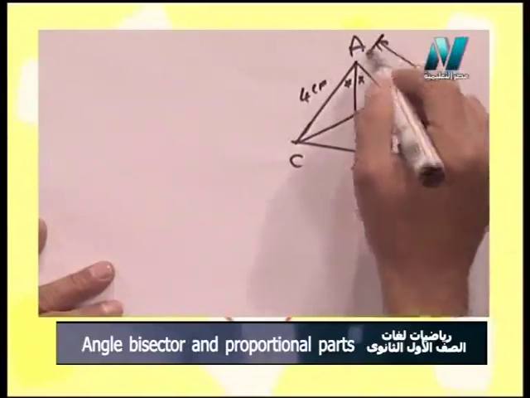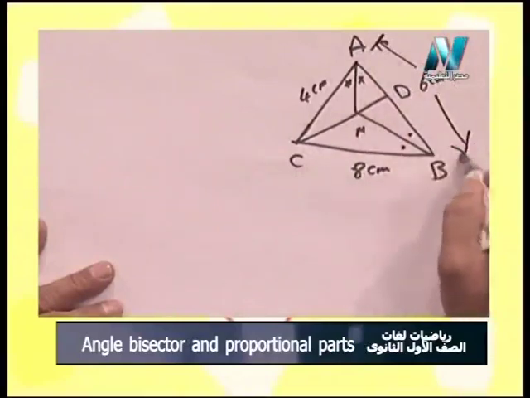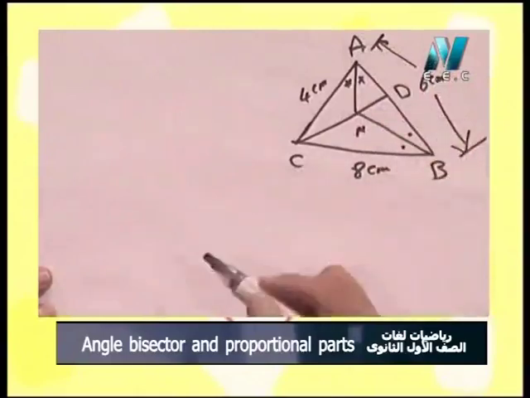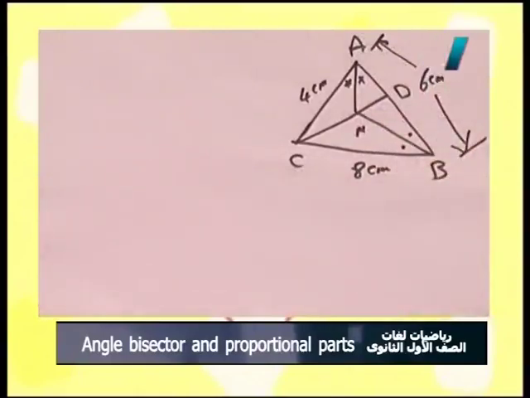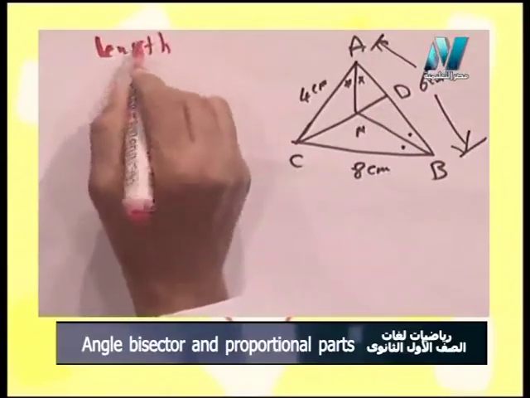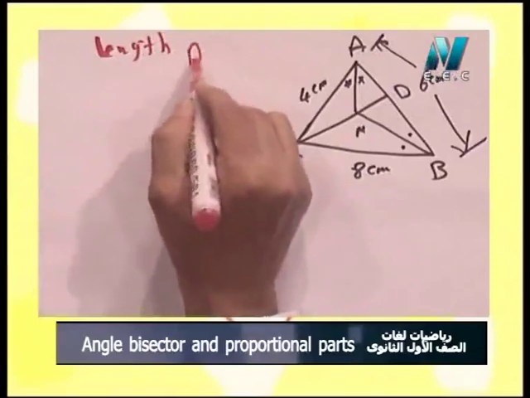This is the whole side of AB. Okay, so AB equals 6 centimeters, and the request is to find the length of the line segment AD.